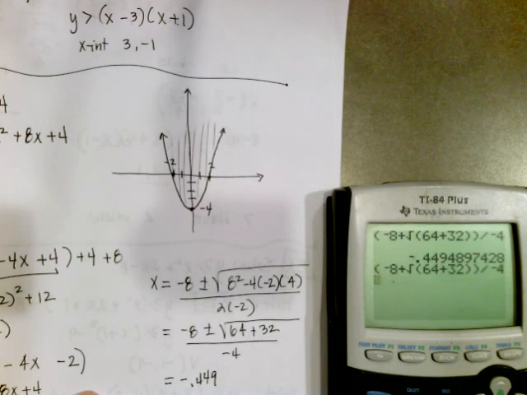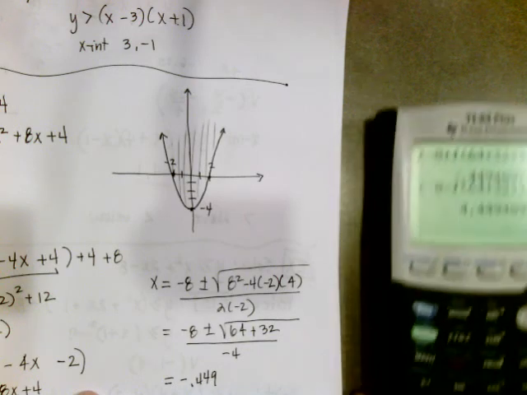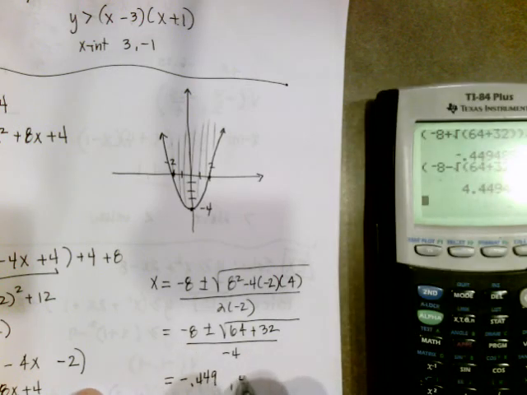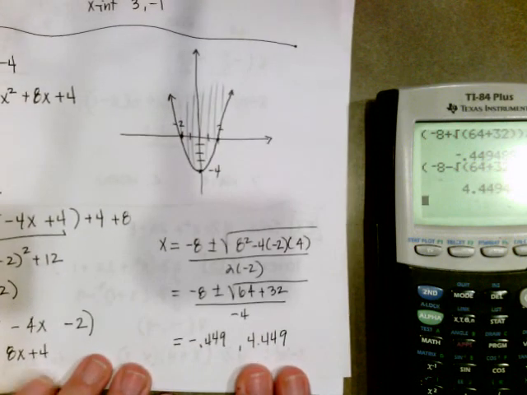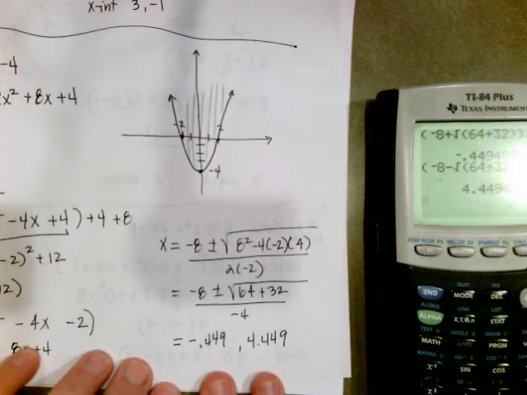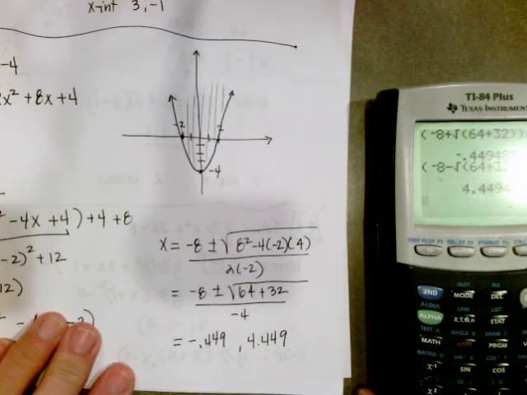Do a second enter, bring it right back up, edit that positive to be negative and hit enter, and I get positive 4.449. So not necessarily pretty numbers, but numbers that I can actually put on my graph.